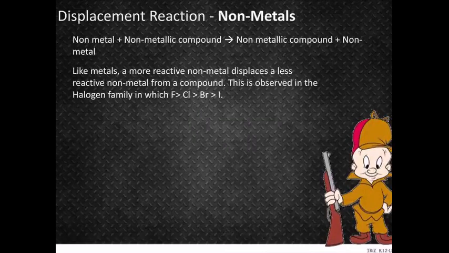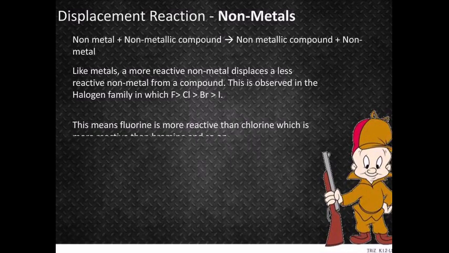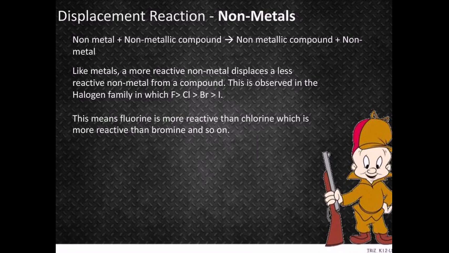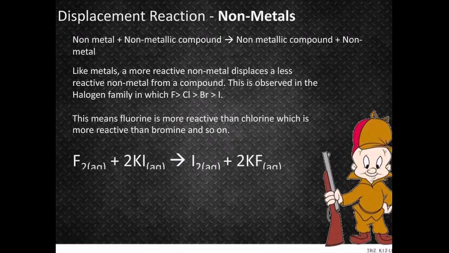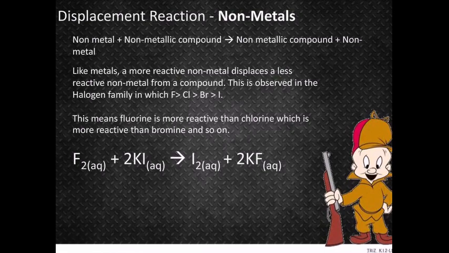This is observed in the halogen family, in which F is greater than Cl, greater than Br, greater than I. This means fluorine is more reactive than chlorine, which is more reactive than bromine, and so on. F2 (aq) plus 2KI (aq) gives you I2 (aq) plus 2KF (aq).